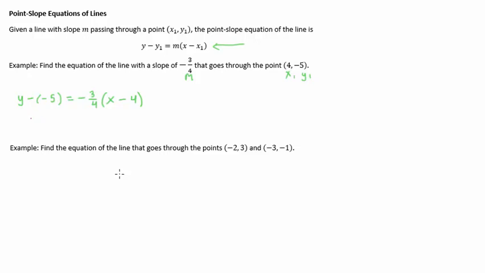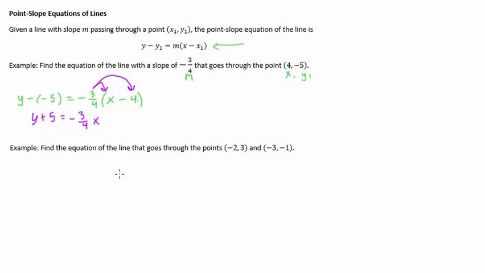But let's assume that our professor actually wants us to write it in slope-intercept form. So this would be y plus 5, and then the first thing to do is to distribute this, so that we have -3/4 x, and then -3/4 times -4 is going to be +3. Okay, and if you need to use a calculator or work that out to the side, that's fine.